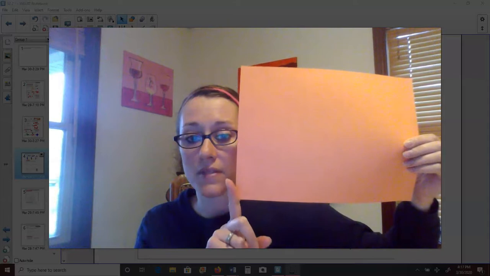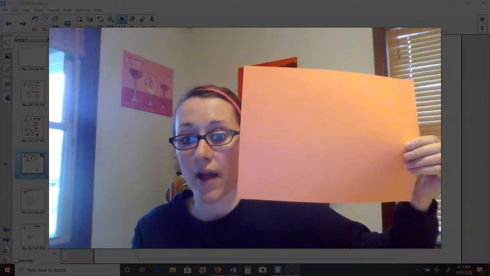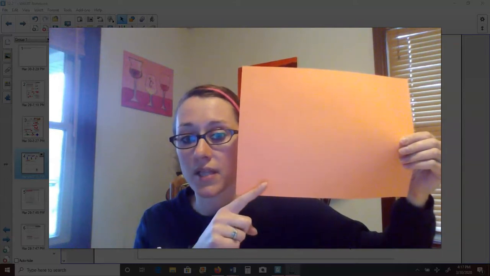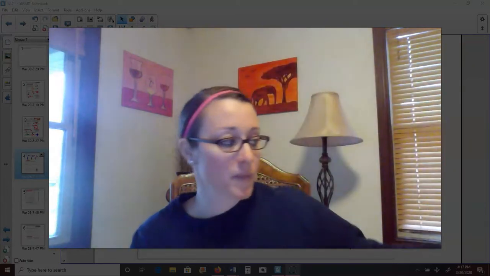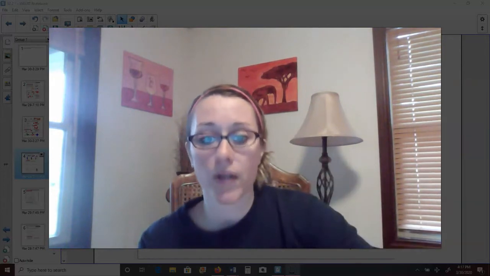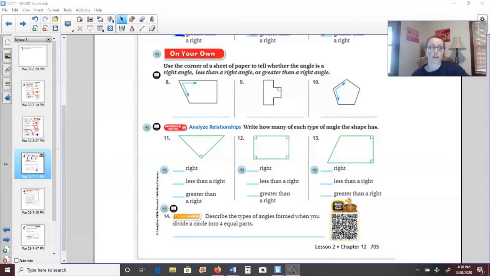If the shape's angle is opening up greater, then you have a greater angle. It would be obtuse. If the angle is closing in from your paper, it would be an acute angle. And if it is perfectly the same, a perfect corner, it would be a right angle. Most of the time we can use our eyes to tell what kind of angle we have.